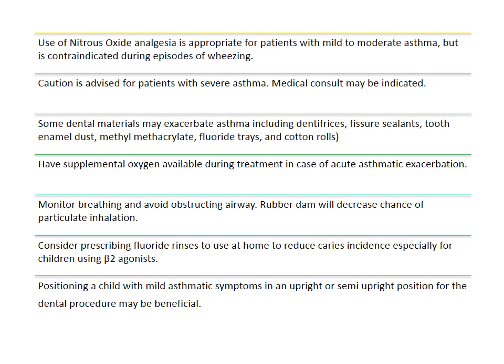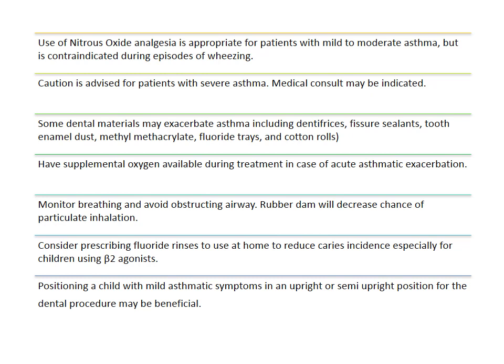Then consider prescribing fluoride rinses to use at home to reduce the caries incidence, especially for children using beta-2 agonists. So if a child is using beta-2 agonists, then he should be prescribed fluoride rinses or dentifrices, so that this will help in reduction of caries.